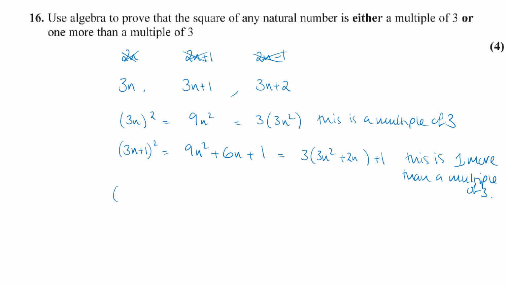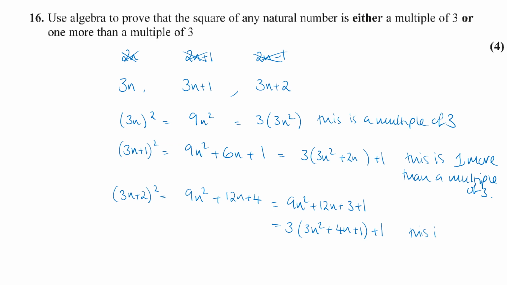And then the next one, 3n plus 2 all squared, will be again 9n squared plus 12n plus 4. And we can write that as 9n squared plus 12n plus 3 plus 1, which is again taking a 3 out, 3 times 3n squared plus 4n plus 1, plus 1 again, and this is 1 more than a multiple of 3.